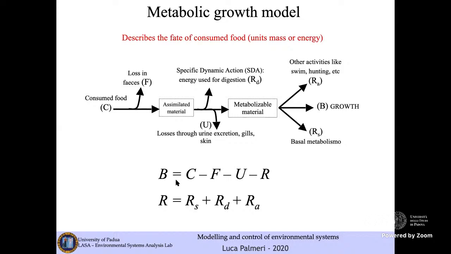When I'm writing this equation, I'm implicitly accepting that the biomass that I'm describing has essentially the same chemical composition as the food that the biomass is built on. So the first assumption of the metabolic growth model is we are what we eat.